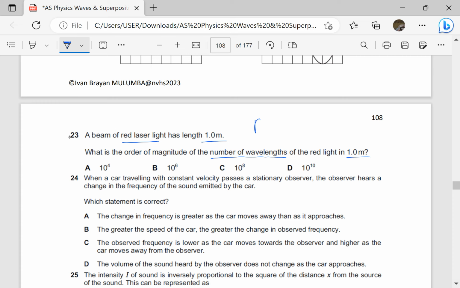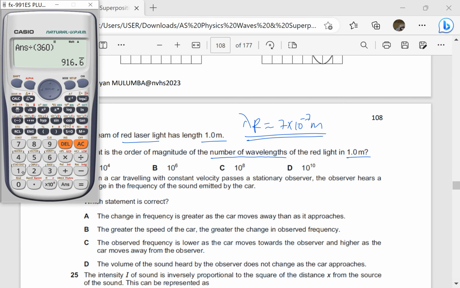So we know that the wavelength of red is approximately 7 times 10 power negative 7 meters. How many wavelengths are those in 1 meter? So 1 divided by 7 times 10 power negative 7.